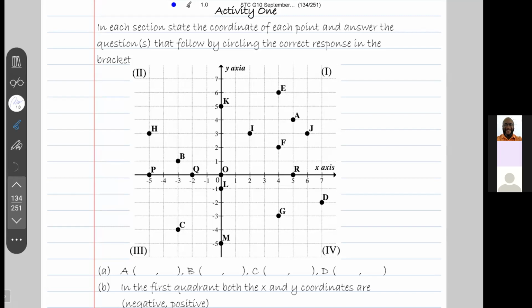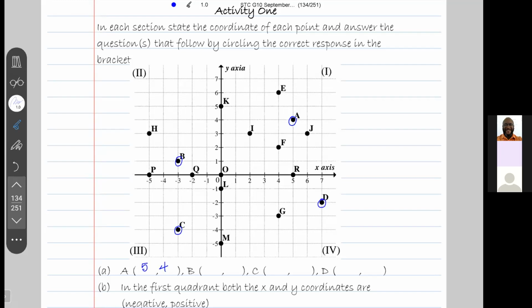In each of the sections, state the coordinates of each point and answer the question or questions that follow by circling the correct response in bracket. So the first thing we'll ask for, we need the coordinates of A, B, C, and D. All right, so let me ask, Janelle, what's the coordinates of A? Just unmute your mic and answer. Coordinates of A, (5, 4). Good.